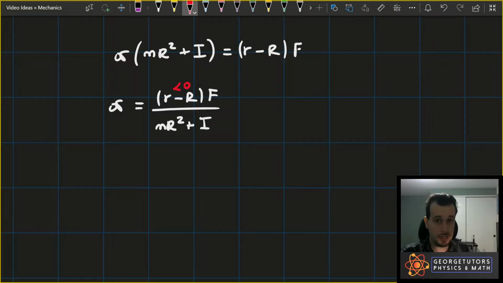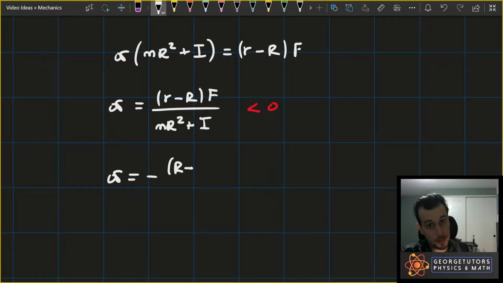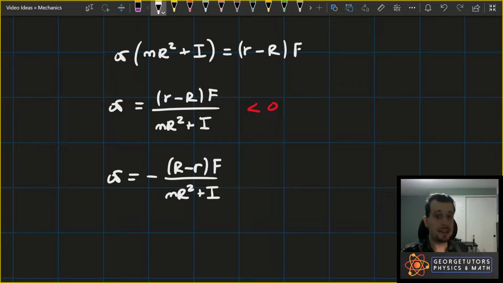Right? This is actually less than 0, and the bottom is still positive, leaving you with a quantity here that's less than 0. And it is literally the expression that we found before, but by a factor of -1. I can literally factor a -1 here, and it will be the same exact expression as before, telling me that I've guessed the acceleration wrongfully, and it needs to be in the other direction.